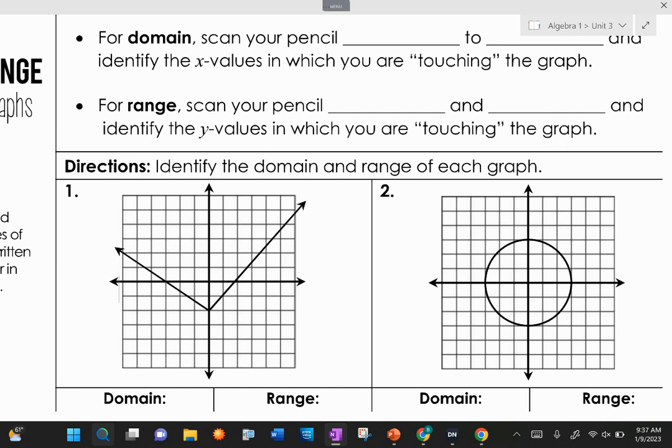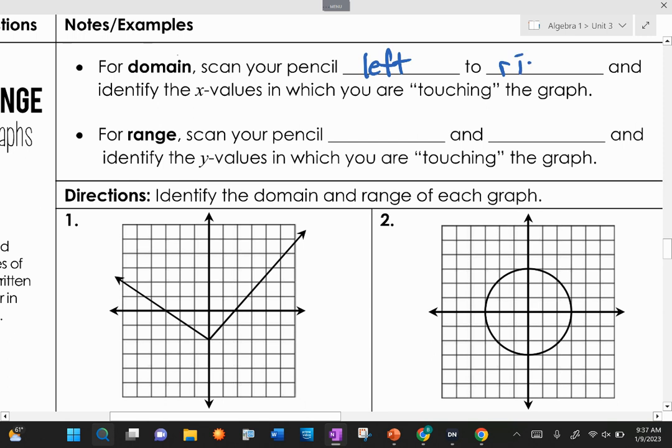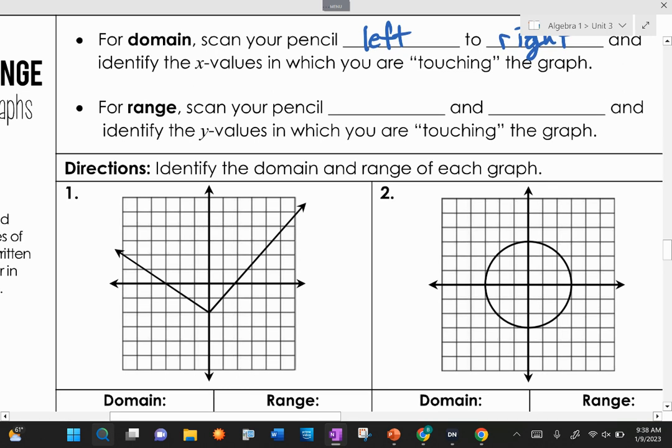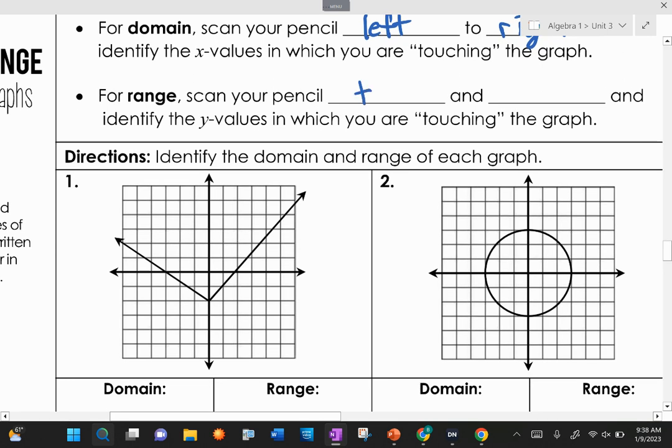Left to right, because we're talking X values. You're going to scan your pencil left to right to identify the X values that you're touching. And then for range, you're going to scan your pencil top to bottom, bottom to top, whatever, up and down, to identify the Y values.